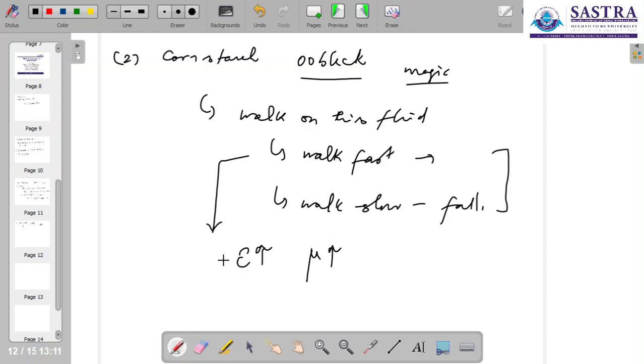As long as the rate of deformation is very high, it supports the weight. Whereas for a person walking slowly, it is still a fluid, so the weight cannot be supported and the person or object falls down. These are two typical examples to see how a non-Newtonian fluid behaves.